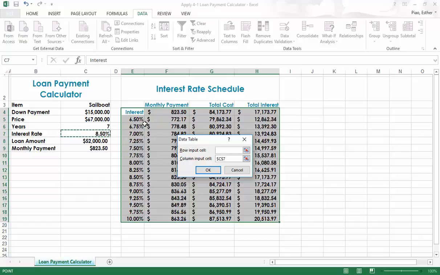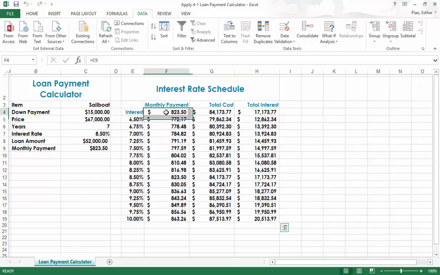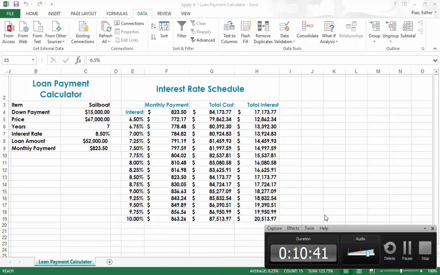Basically the first column, first row here and first column here is serving as the template formula and template value. Okay, so we have the first way completed.